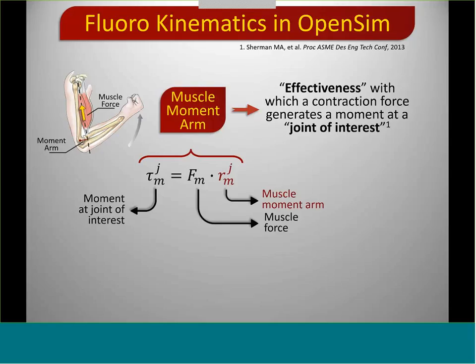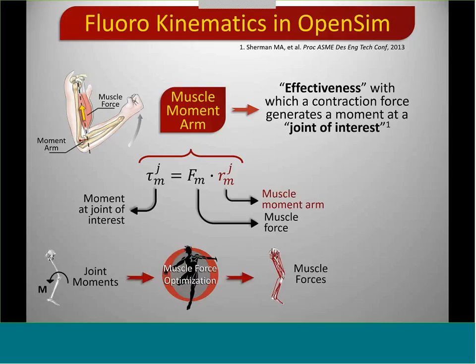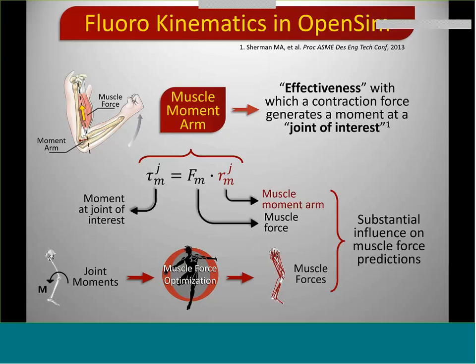As I mentioned before, when I was describing the OpenSim pipeline we used to estimate joint loads, the joint moments obtained from the inverse dynamics analysis are the input to the muscle force optimization. And therefore, we can immediately see that the muscle moment arms have a substantial influence on muscle force prediction because they map the muscle forces into those joint torques that are needed to perform a specific activity.